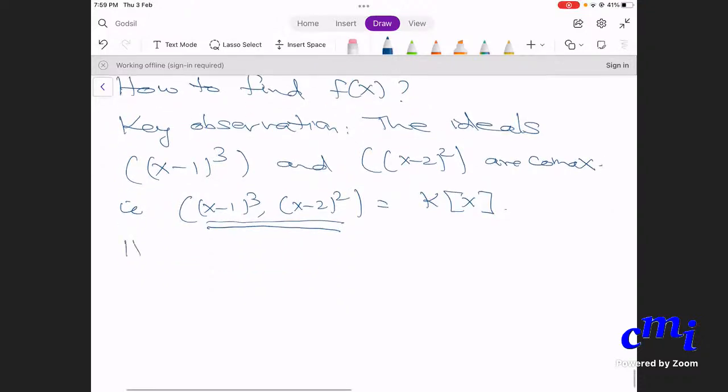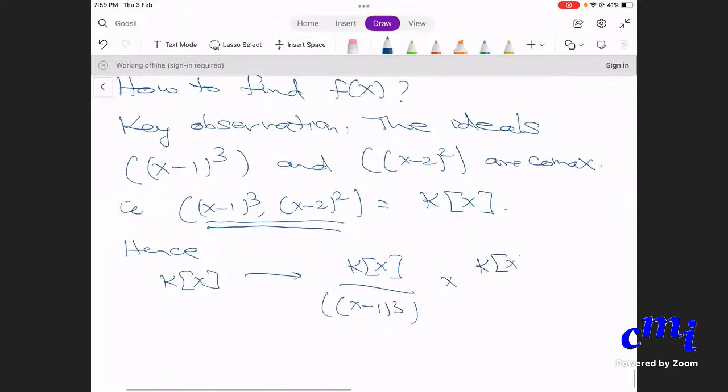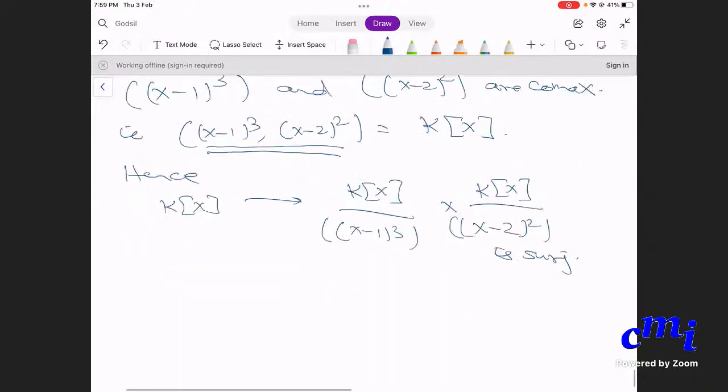And hence, k[x] to k[x] mod x minus 1 cube cross k[x] mod x minus 2 squared is surjective. That's what the general Chinese remainder theorem says.